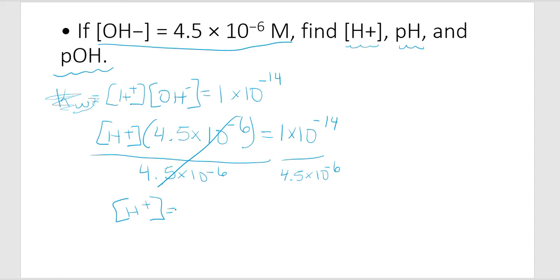And that gives us 2.0 times 10 to the negative 9. Alright, so that's our first answer.